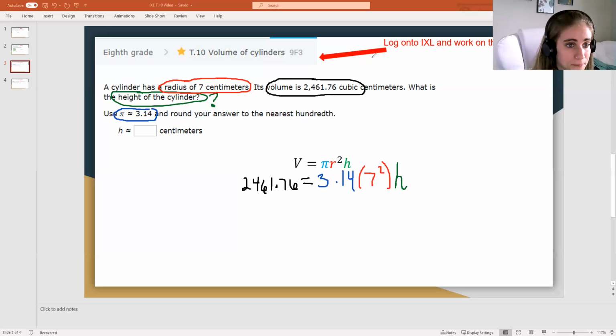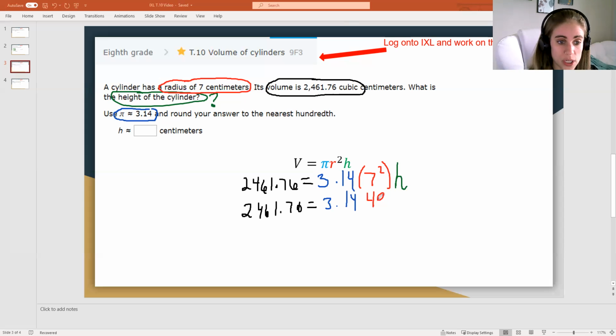All right, let's recopy this down. 3.14 times 7 squared. Exponents come first. What is 7 squared? That would be 7 times 7, which is 49.